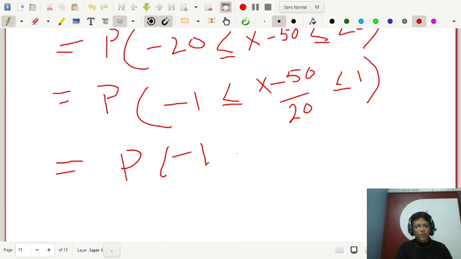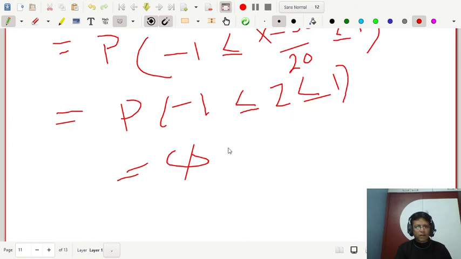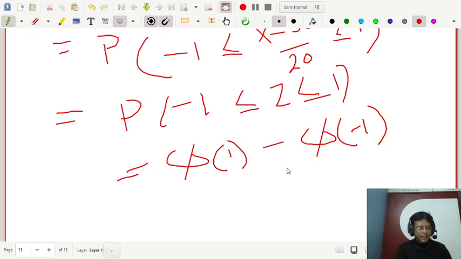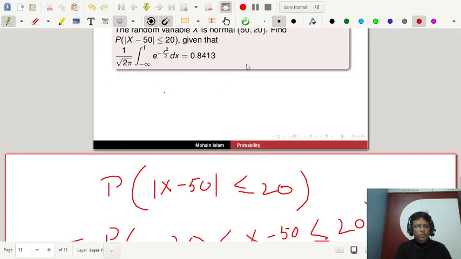The standardized value is minus 1 less than z less than or equal to 1. So z is your standard normal variable, right? Again you can write phi of 1 and phi of minus 1. Using the given values and the formula you can get the answer.